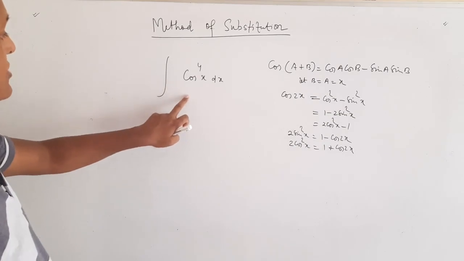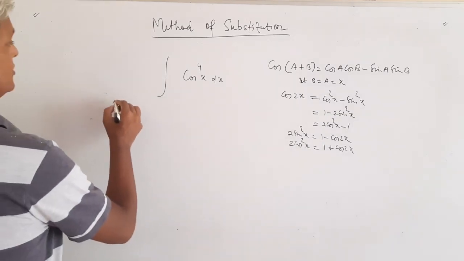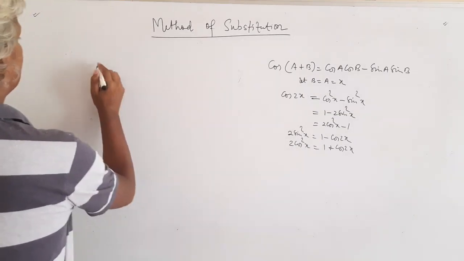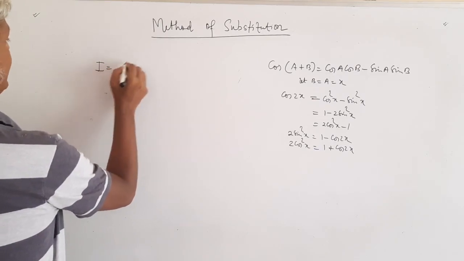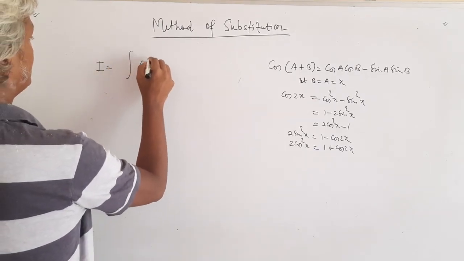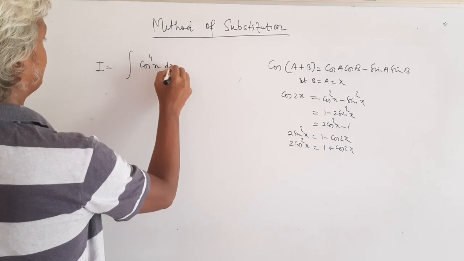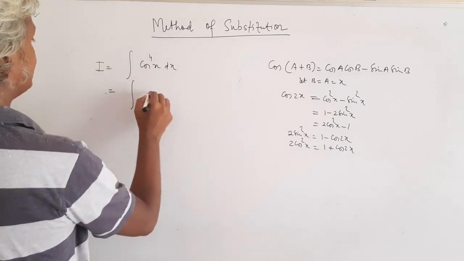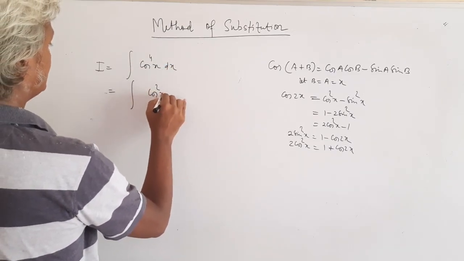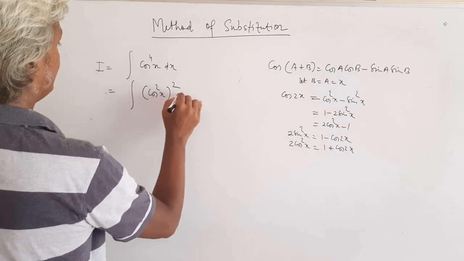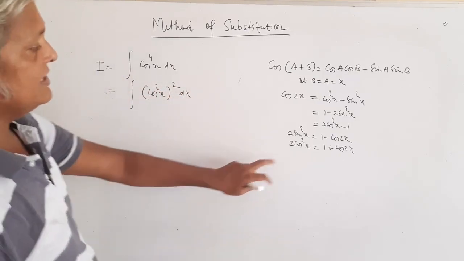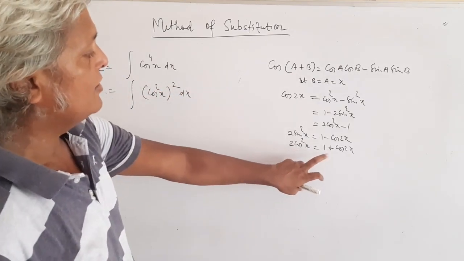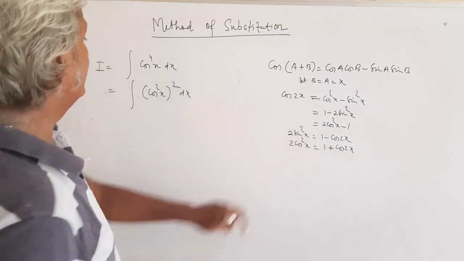Now we have cos to the power 4x. So let me write this part here. I is integral of cos to the power 4x dx. This I can write as cos square x whole square dx. Now here you see that cos square x is 1 plus cos 2x over 2.